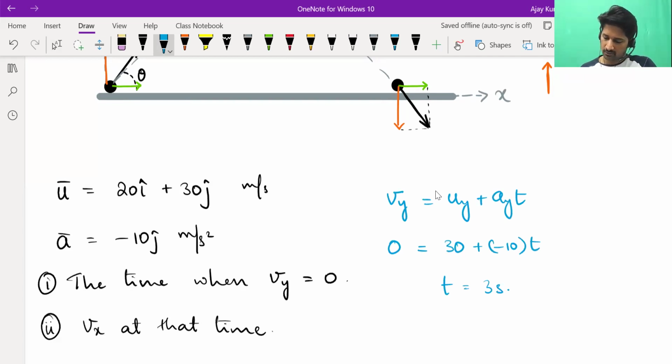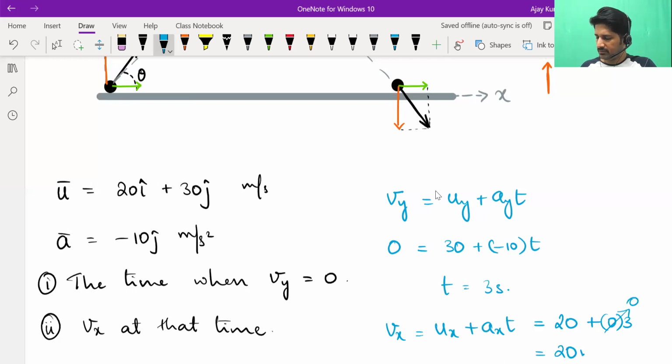So in 3 seconds, the y component is going to become 0. But what about the x component? We know Vx is equal to ux plus ax into t. Initial velocity's x component is 20. Acceleration doesn't even have an x component. Therefore, the velocity's x component always remains 20.